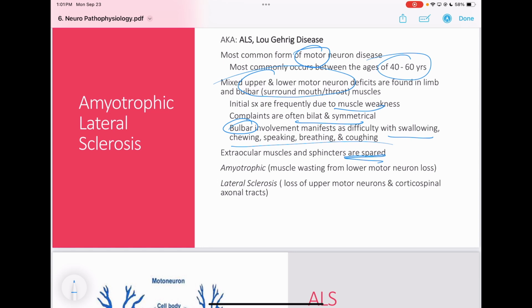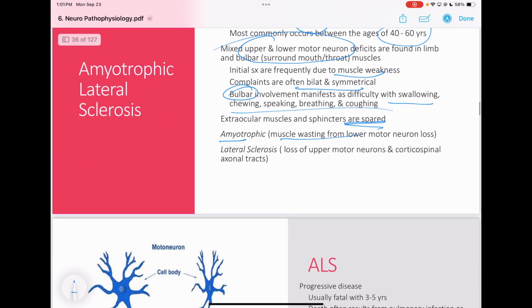So amyotrophic refers to muscle wasting from that lower motor neuron loss. The lateral sclerosis refers to the upper motor neuron loss. So amyotrophic refers to the lower motor neuron problem. The lateral sclerosis refers to the damage to the upper motor neuron.